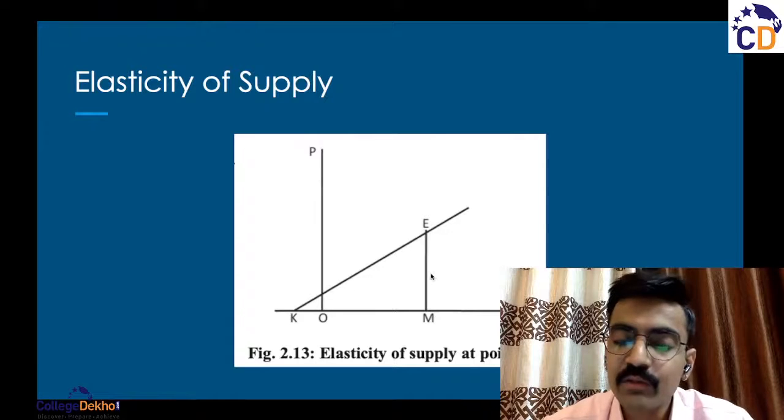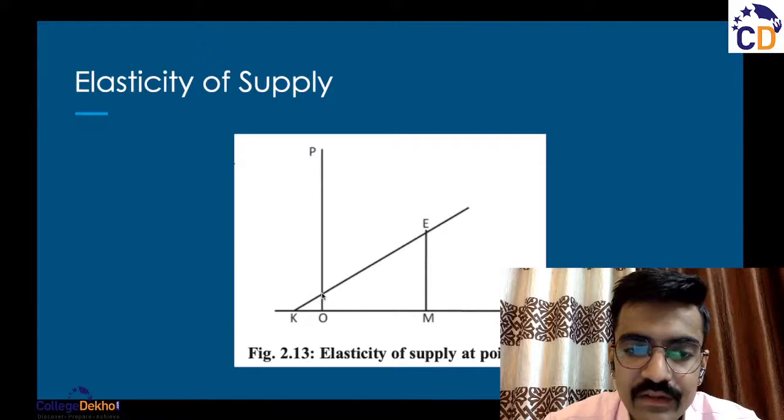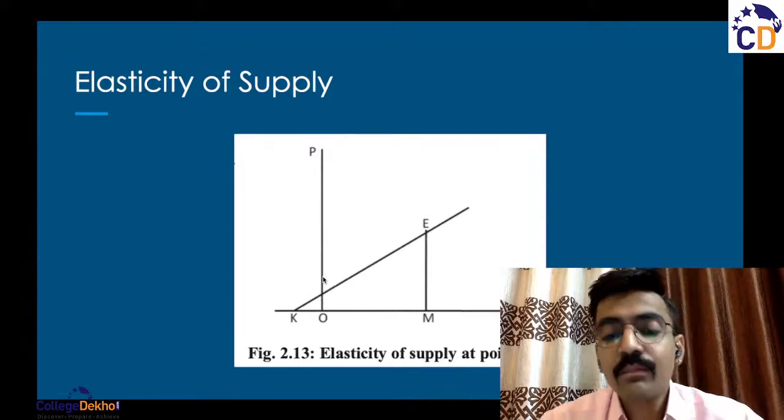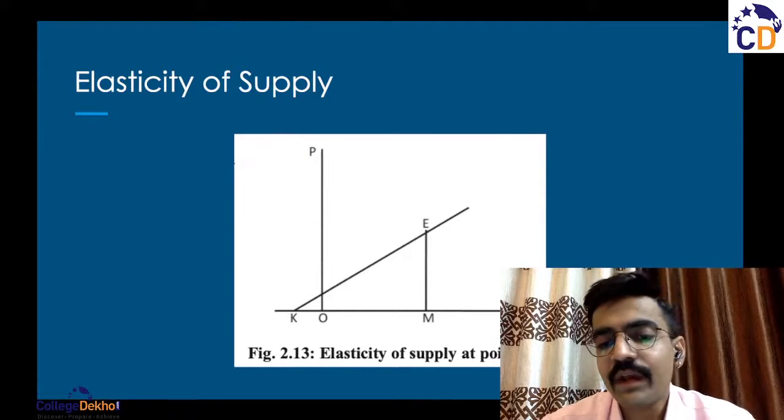What does this mean, that it would be more than one? That one unit of change in the price would bring more than one unit of change in the quantity that is supplied of the commodity. All right.